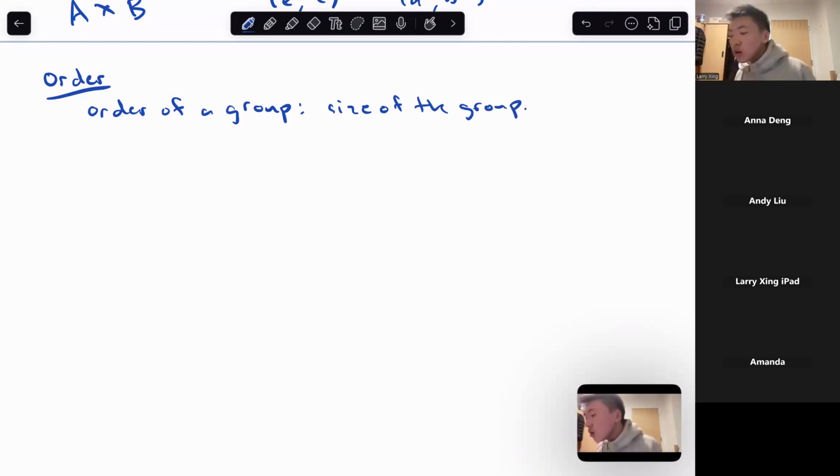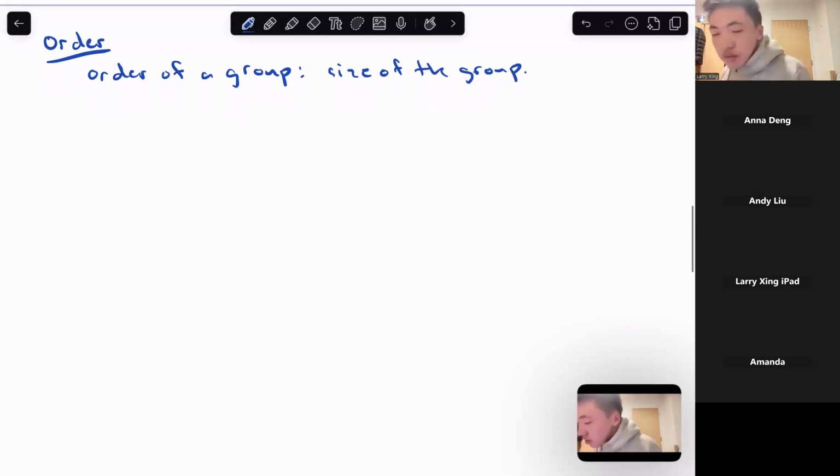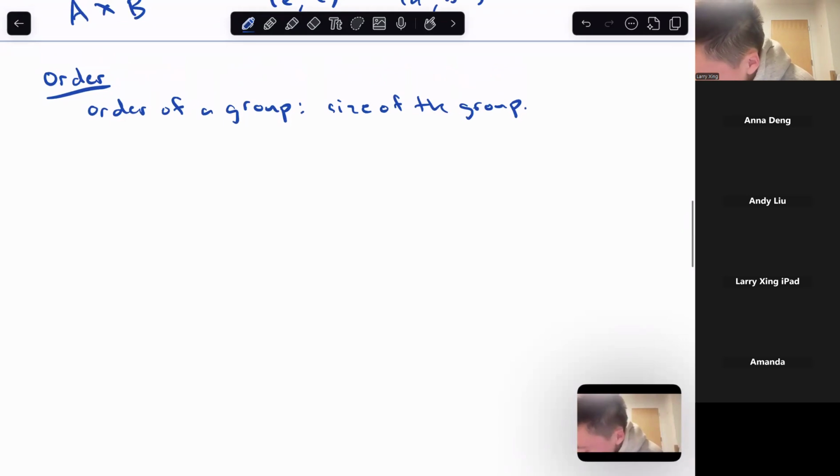So for now, we're only going to deal with finite groups. And because we're dealing with finite groups, the different cardinalities of infinite groups don't matter for what we're doing today. So you can basically just think about this as the number of elements within your group. And a follow-up is the order of a single element in a group.